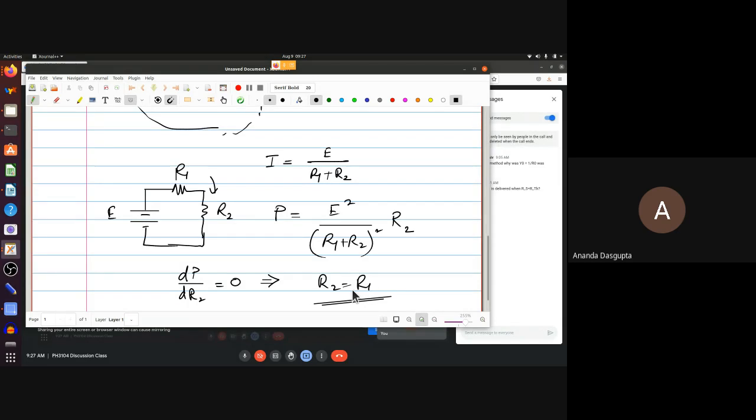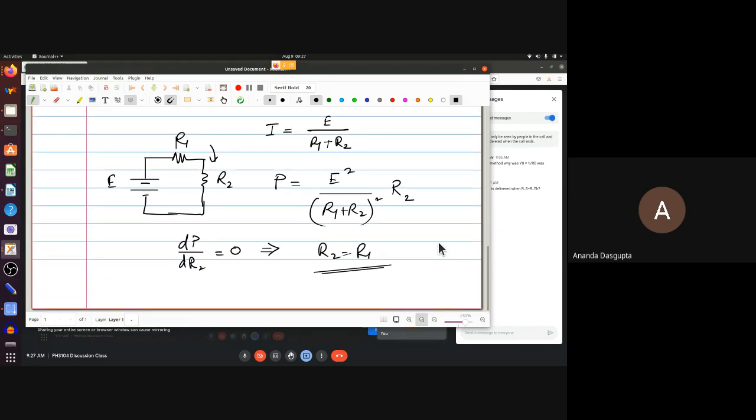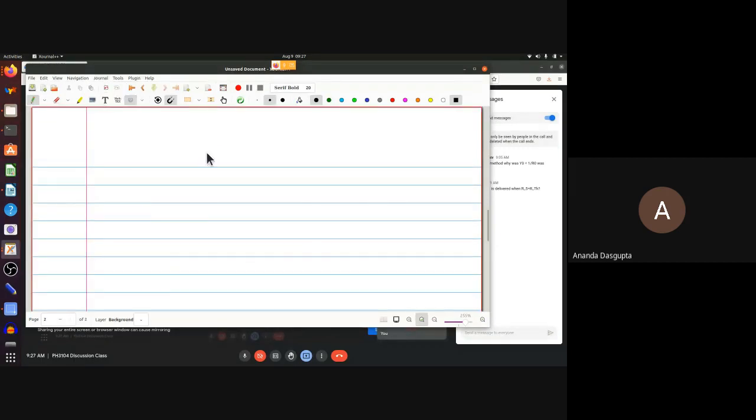That is again something you can easily check by looking at the second derivative if you want. But there are easier ways of checking this just from the algebra. Or you could even take a look at this ratio, R1 plus R2 by R2, and ask when is this minimum, right? Because the reciprocal of this is actually what goes in the formula for the power.